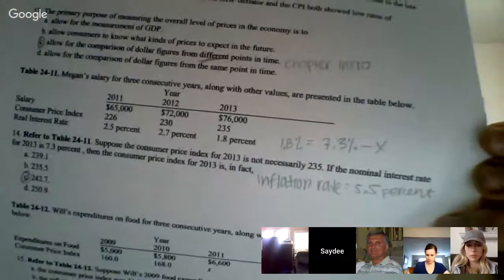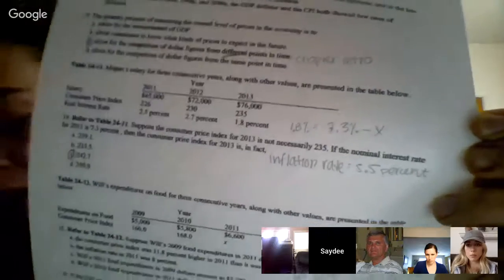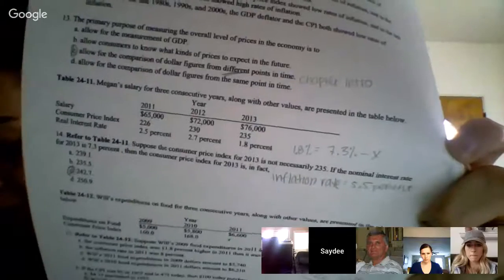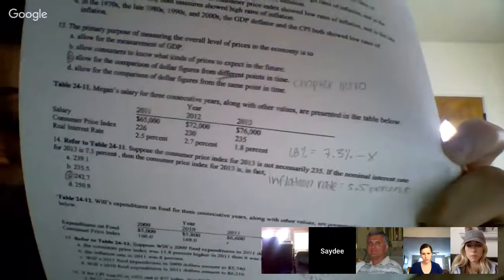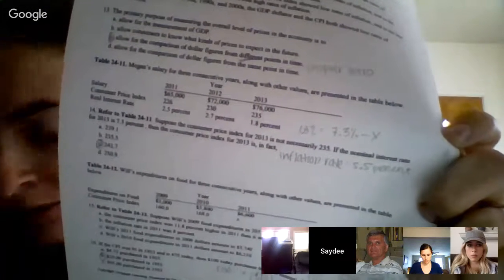Okay, the inflation rate ends up being 5.5%, and so you do your 235 times 0.055. And it's 12.9, and then you just add that 12.9 to the 235.